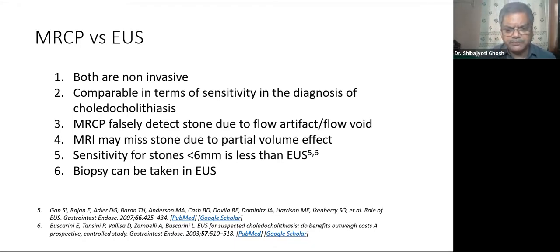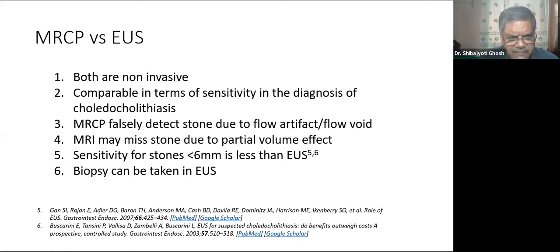In order to diagnose a gallstone or any lesion in the common bile duct on MRI, there must be a difference in tissue concentration between the two structures. Otherwise, the whole sequence will look the same.